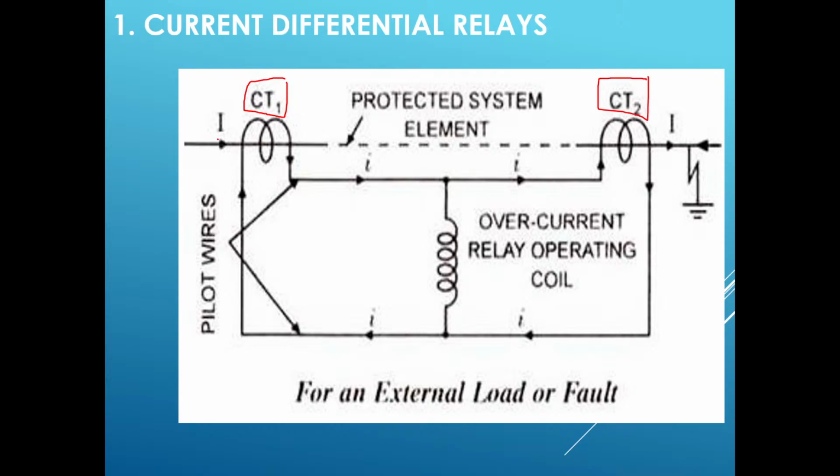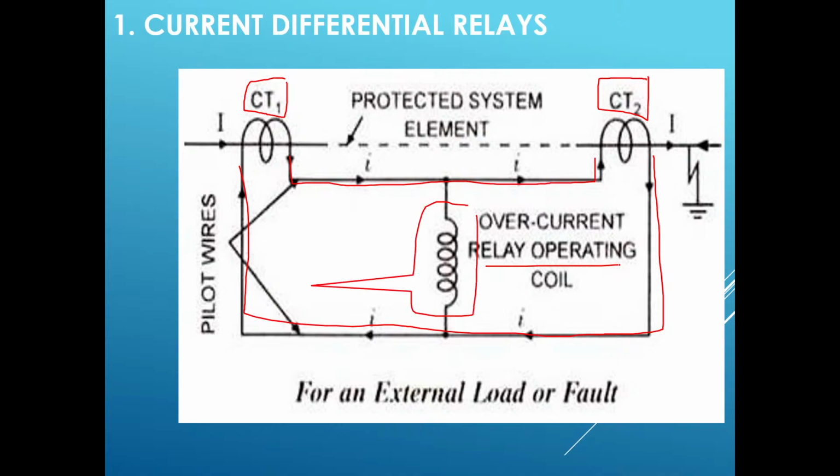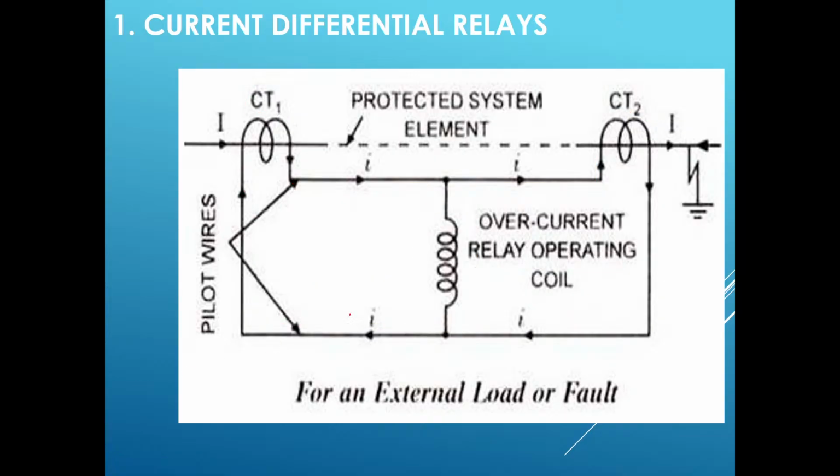Okay. So if you observe, the secondaries of these CTs are connected, and across the secondaries of these two CTs, a relay coil is connected. We know what is meant by relay coil, isn't it? This is the relay coil, which is connected across the secondaries of both the CTs.